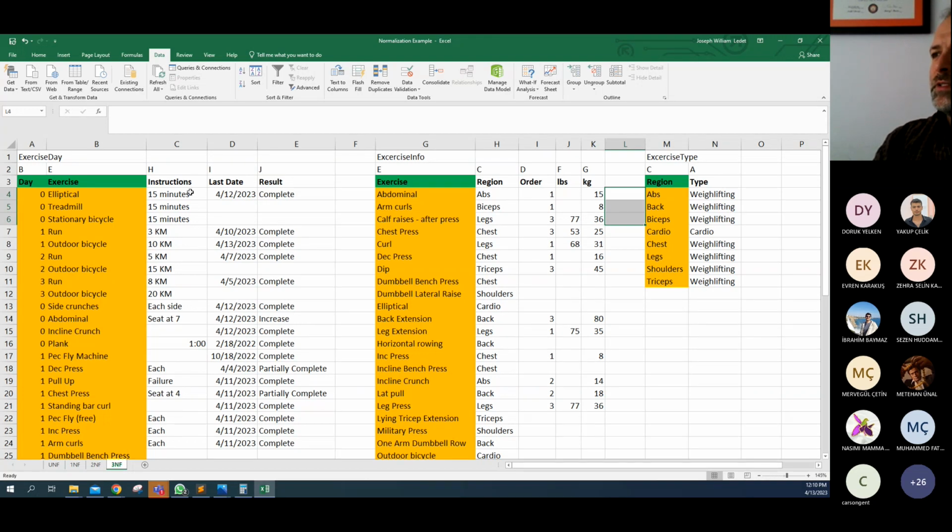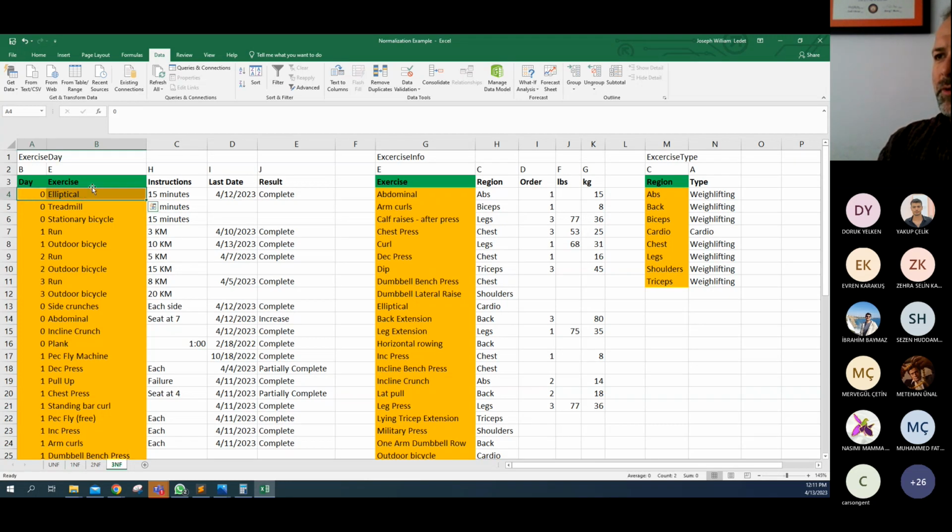But the main thing I wanted you guys to see is how we can take that set of columns from here and remove those duplicates. So now, if I said, okay, the elliptical machine on day 0, I wanted to see the information of what that means, right?